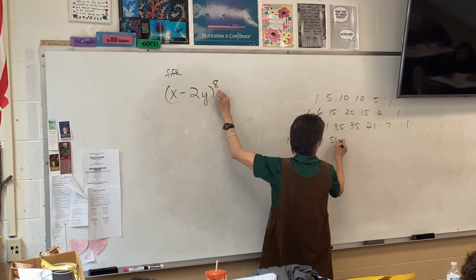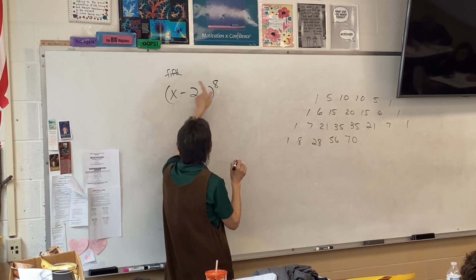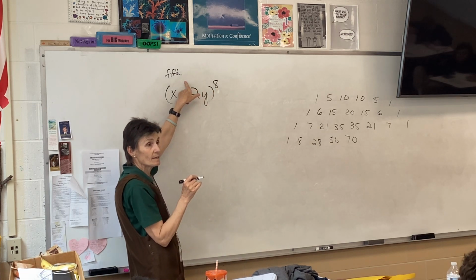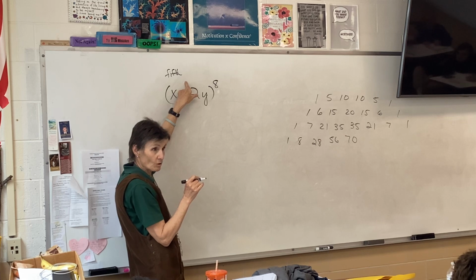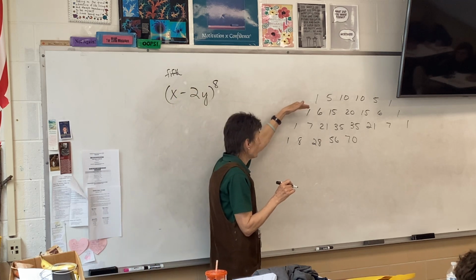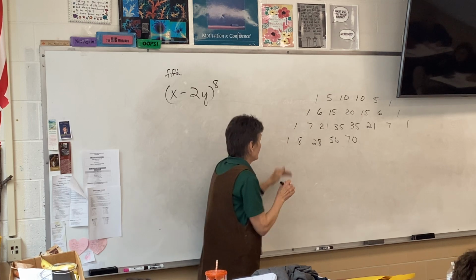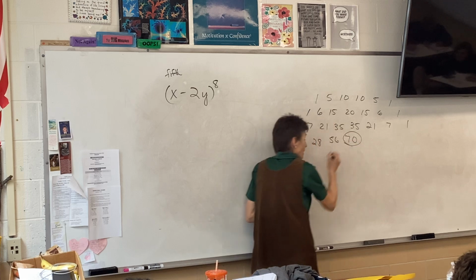Now the numbers start getting a little bigger, and I'm going to stop there because I am only interested in the 5th term. So this is row 5, 6, 7, and 8. This is the row I want. 1, 2, 3, 4, that's the number I want.